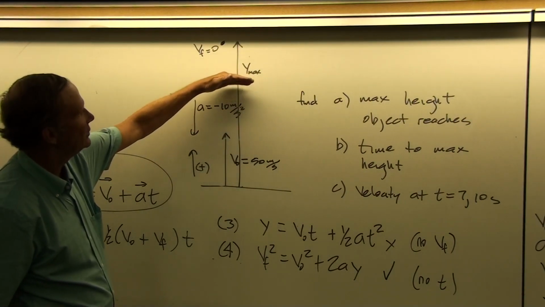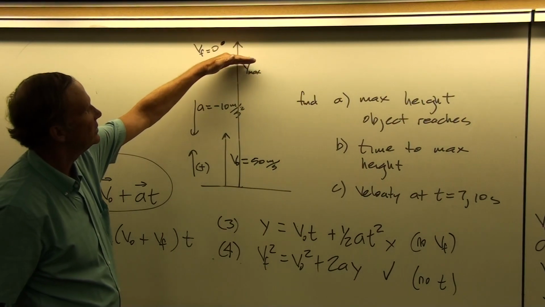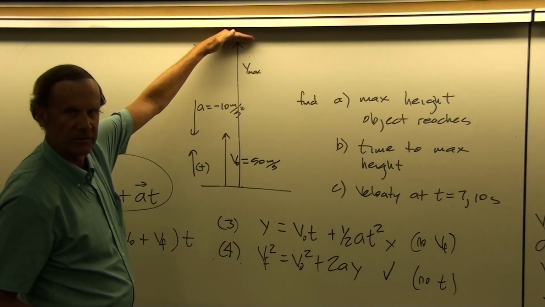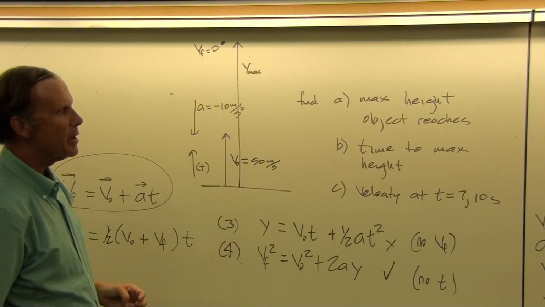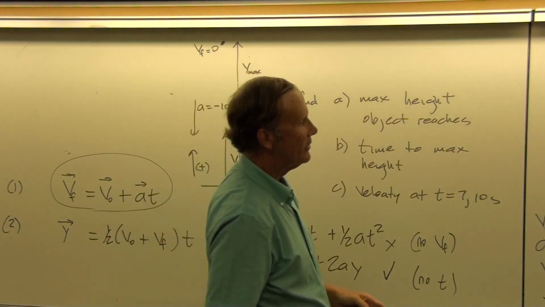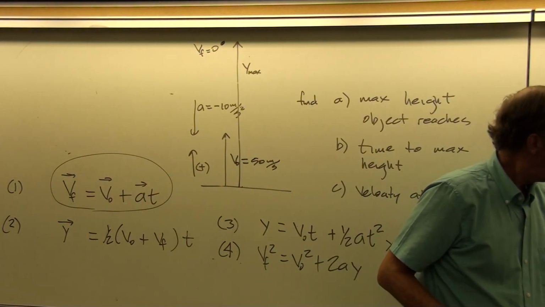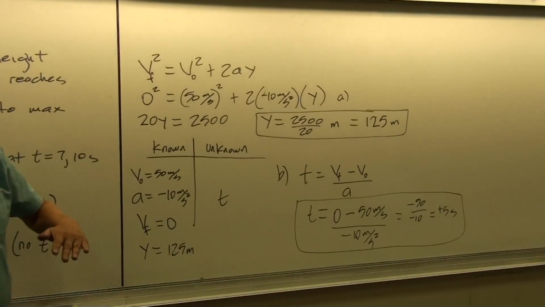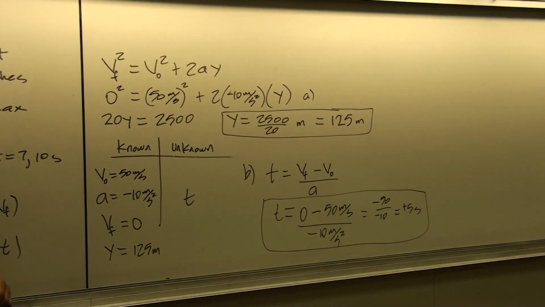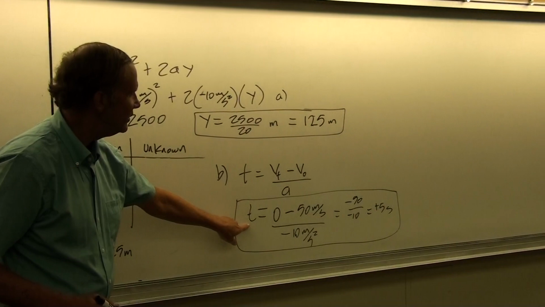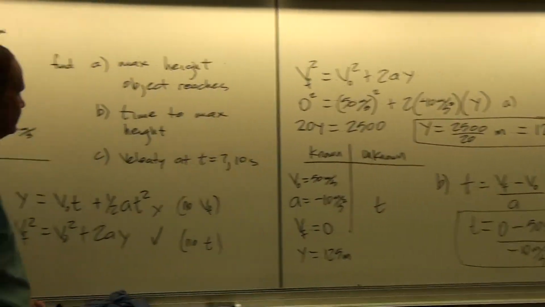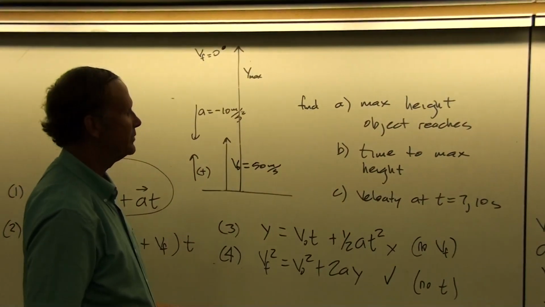After 3 seconds, 20. After 4 seconds, 10. 5 seconds, 0. So just from our basic definition of acceleration, and knowing that we're slowing at a rate of 10 meters per second every second, this is a reasonable answer for the time. Okay, so that's part B.